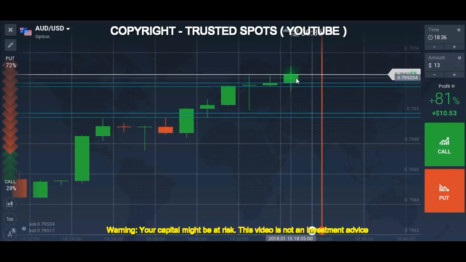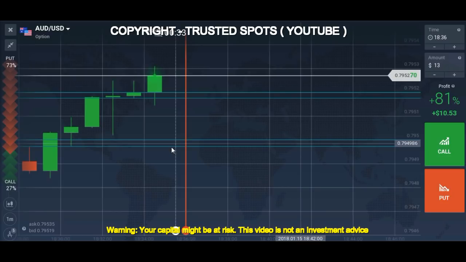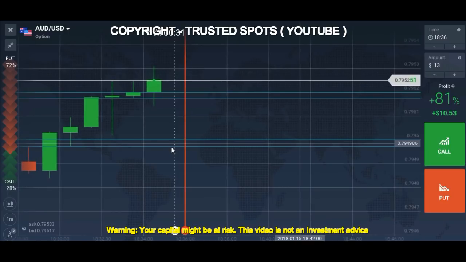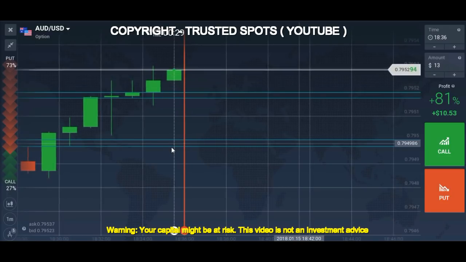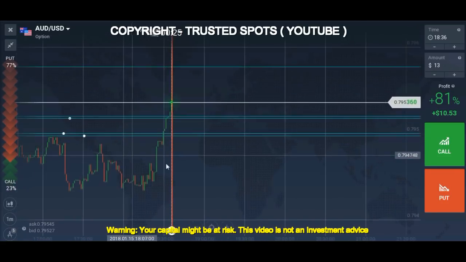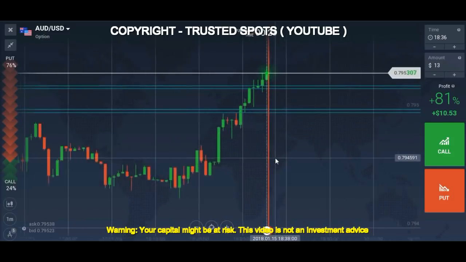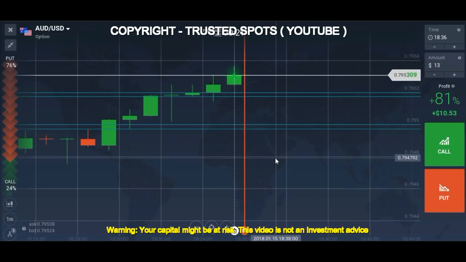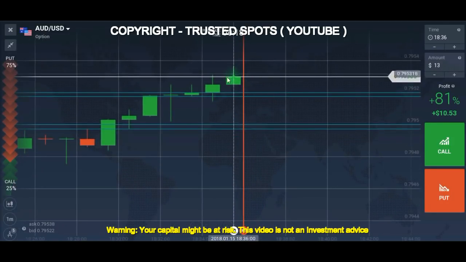No, okay, it's the breakout candle, and the market is now moving up. Let's wait for this candle.